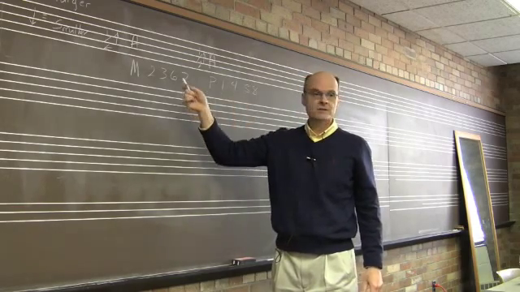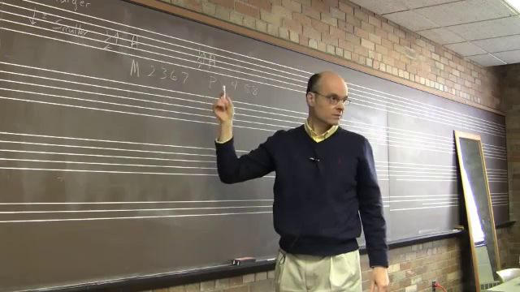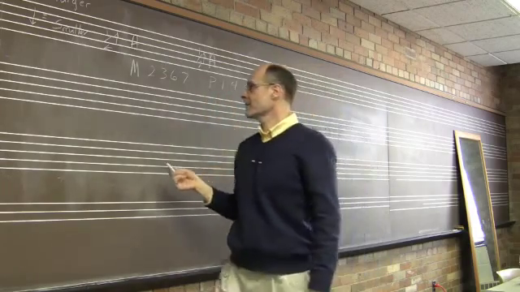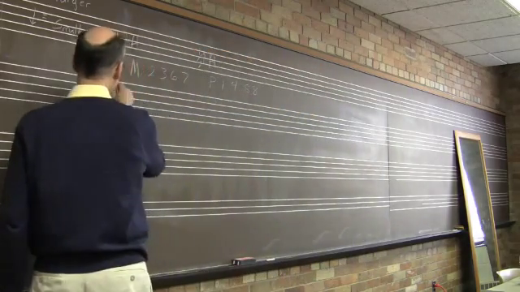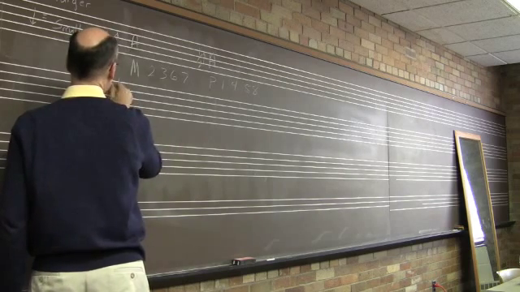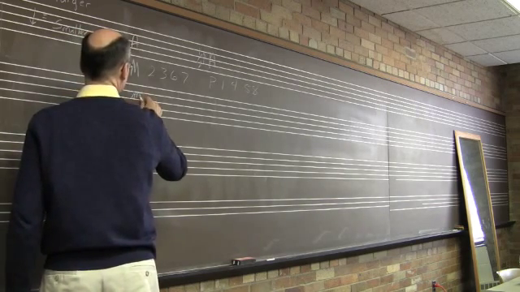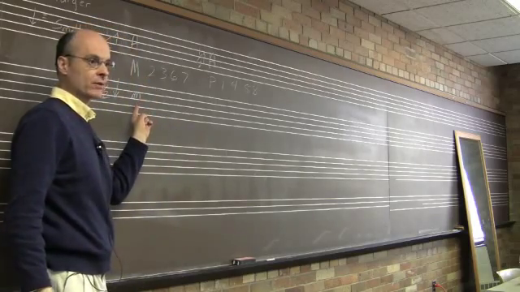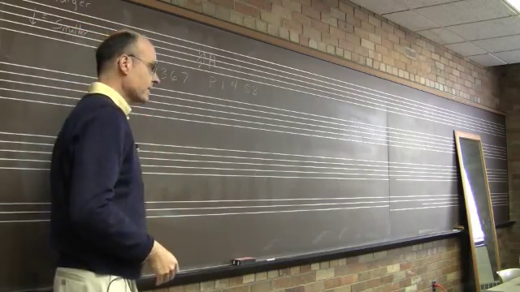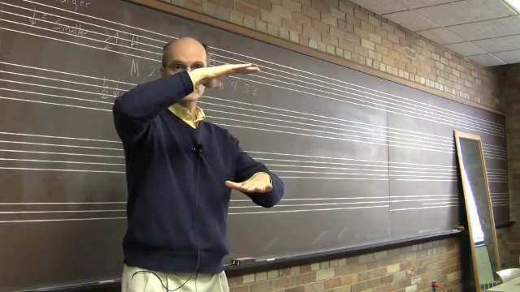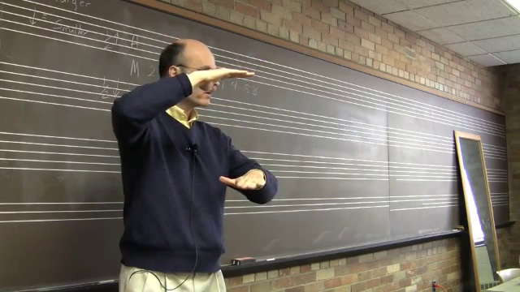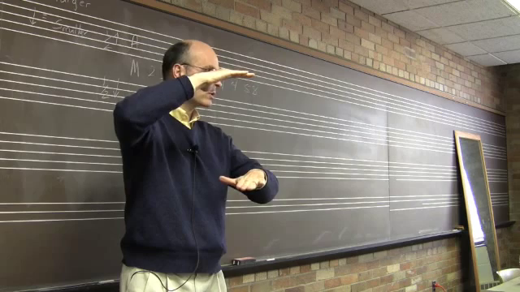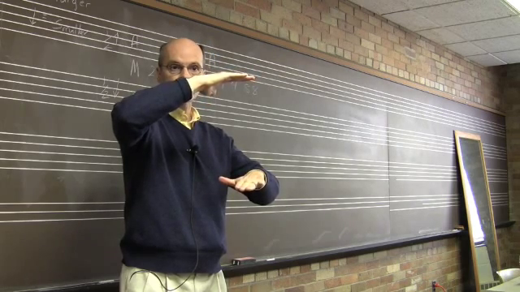The differences come when I'm making the interval smaller. So if I make a major interval a half step smaller, 2, 3, 6, or 7, those will become minor intervals. So if I found a major interval, for example, and I made it a half step smaller, say the top note was natural, I would lower it with a flat.